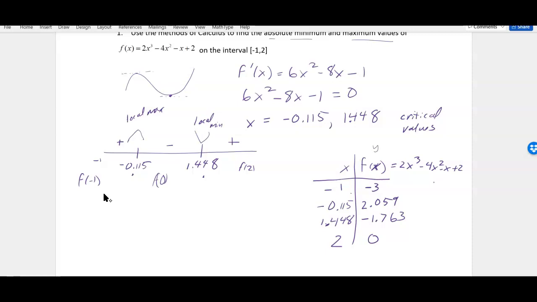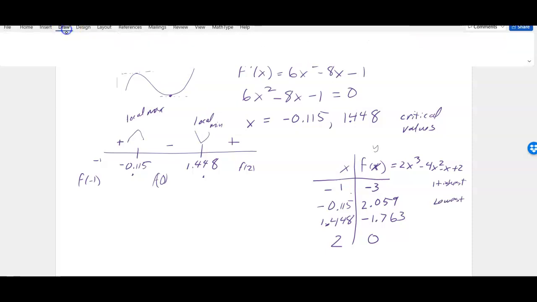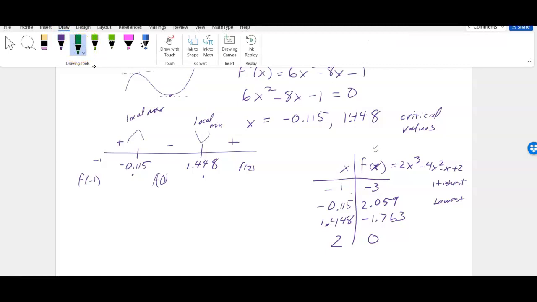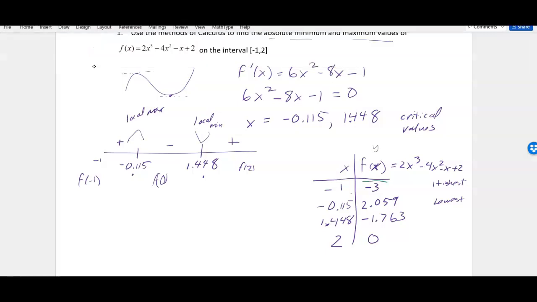So now I look for the highest and the lowest y in this list. The lowest y appears to be, I have negative numbers, so the lowest will be the most negative. That's the lowest value.